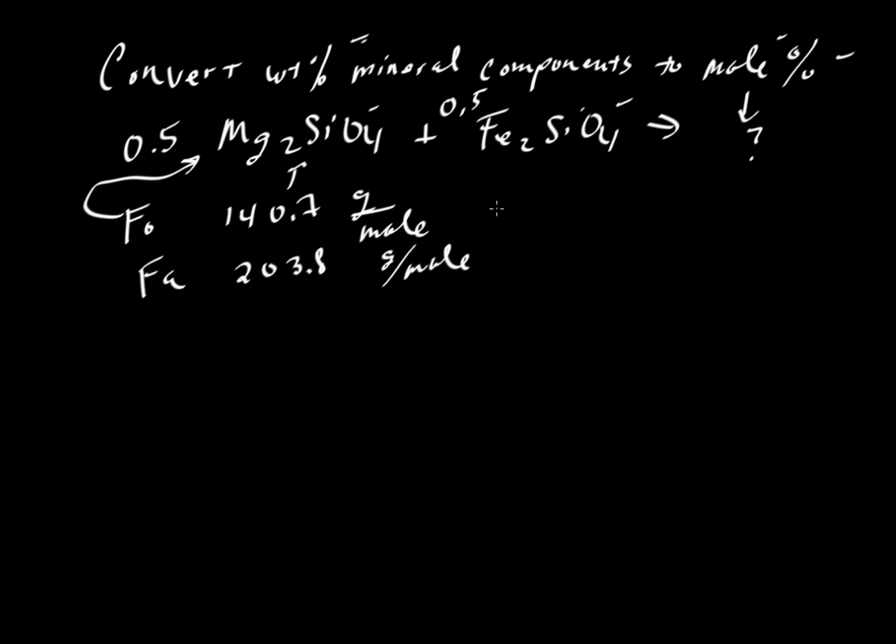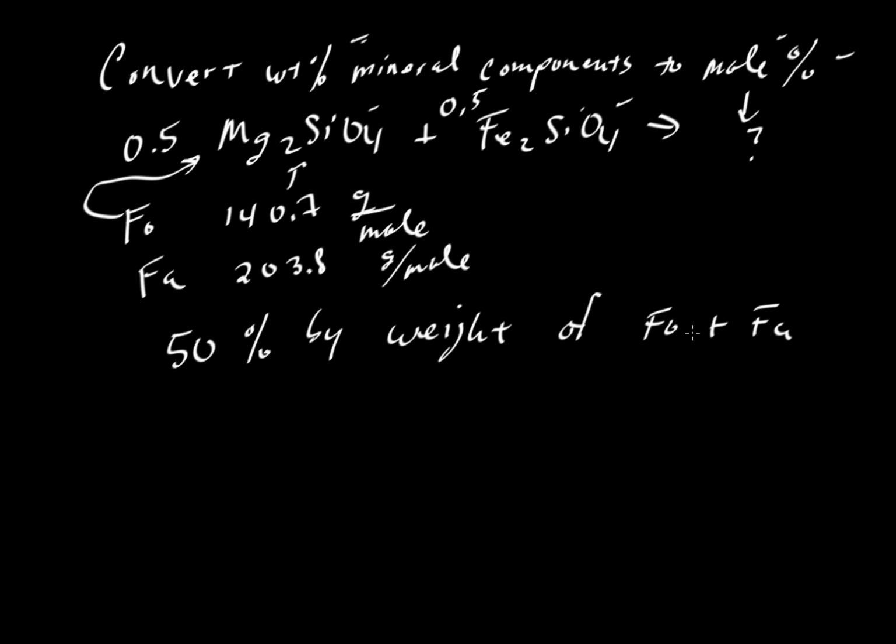Well, if we're going to have 50% of each, if these are weights, so if we have 50% by weight of forsterite plus fayalite, just equal amounts that we've weighed out, what would that be in terms of the atomic proportions?